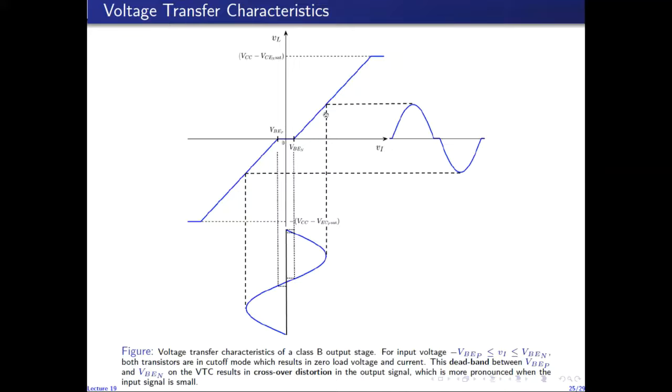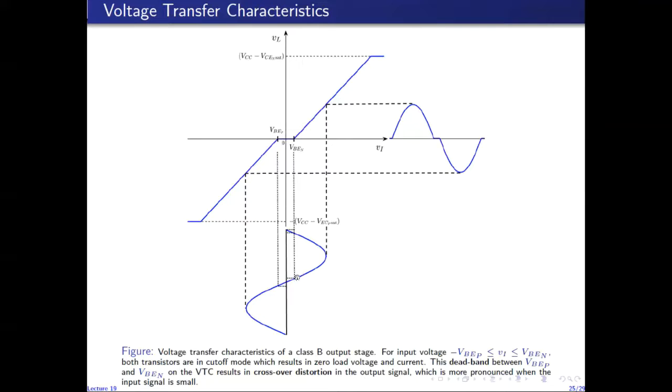But the peak value of the output will be smaller than the peak value of the input by this amount, VBE, because VL is VI minus VBE.